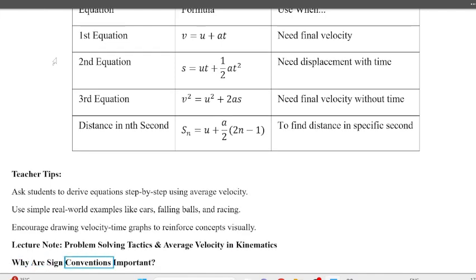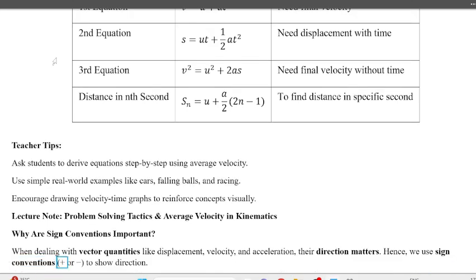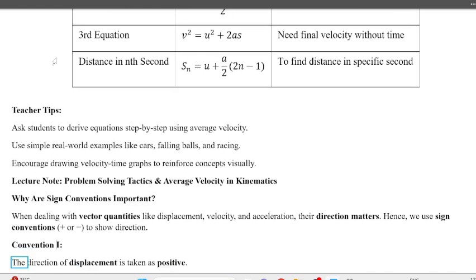Why are sign conventions important? When dealing with vector quantities like displacement, velocity, and acceleration, their direction matters. Hence, we use sign conventions, plus or minus, to show direction. Convention 1: the direction of displacement is taken as positive.